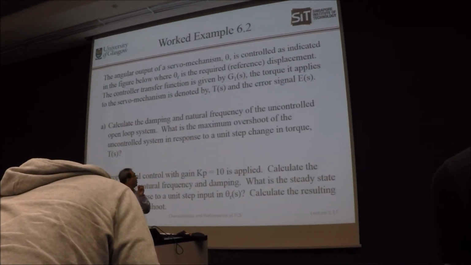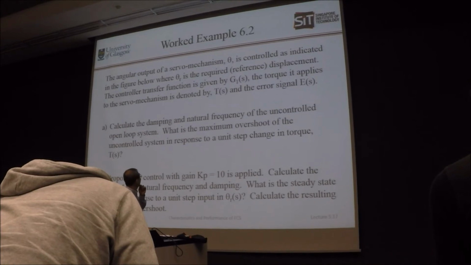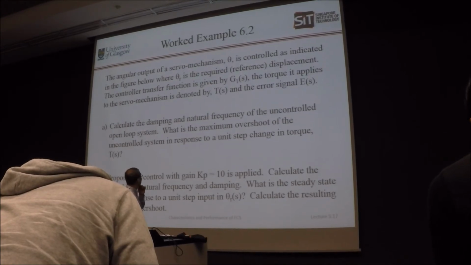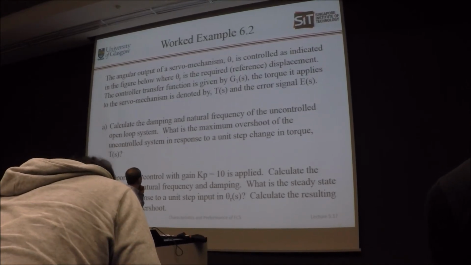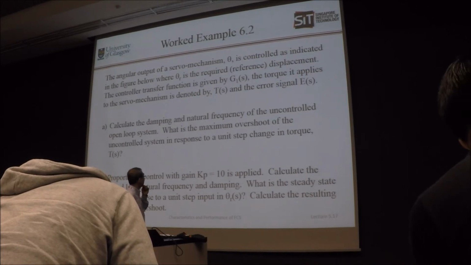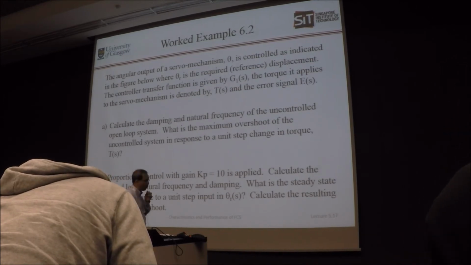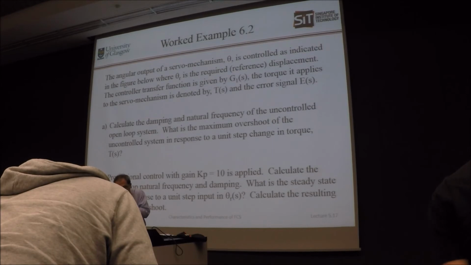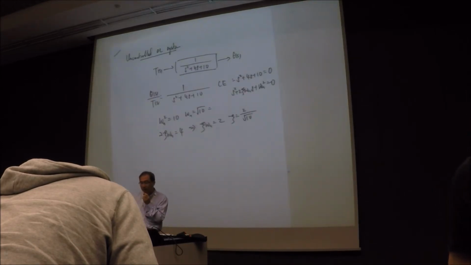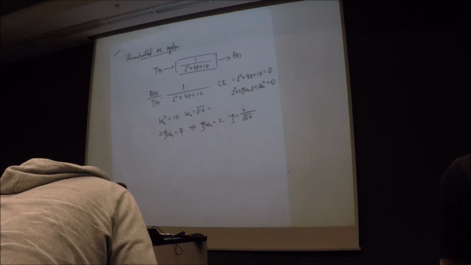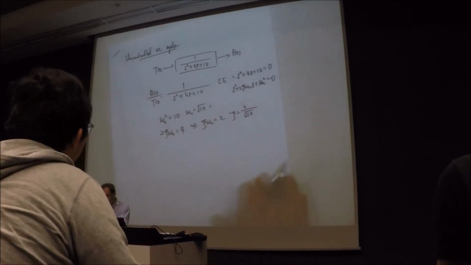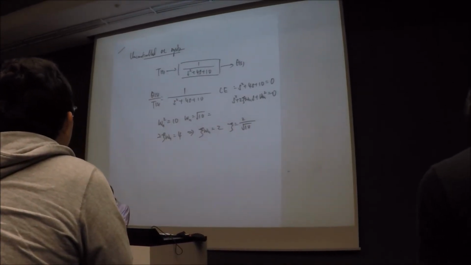Part A, we'll ask of the uncontrolled open loop system, what is the maximum overshoot of the uncontrolled system in response to a unit step change in torque? So you were asked to find out the maximum overshoot. If you work out the damping, you can actually work out your maximum overshoot.